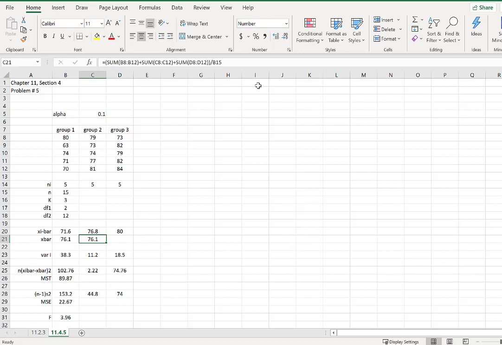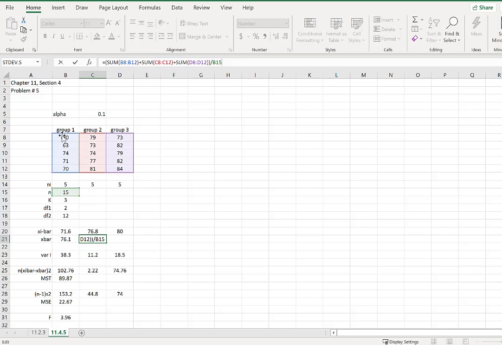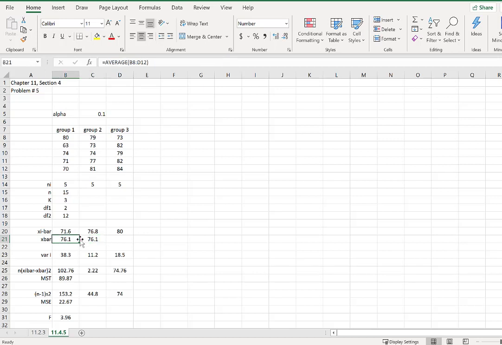So here I've got the sum of the first column, plus the sum of the second column in red, plus the sum of the third column in purple, adding all those together in this formula, and dividing that by the total number of samples, so our combined sample size of 15. When I did that calculation, it came out the same value, 76.1. That just confirmed it. Okay, now let's continue.